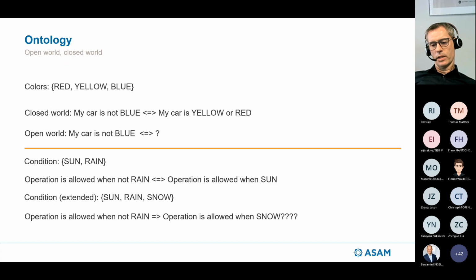But the question is, is operation allowed when snow? This is exactly the case whenever you operate in an open world. You have to make sure that your rules are still valid, and that makes it very, very difficult to deal with rule-based engines or with ontologies, in my point of view.